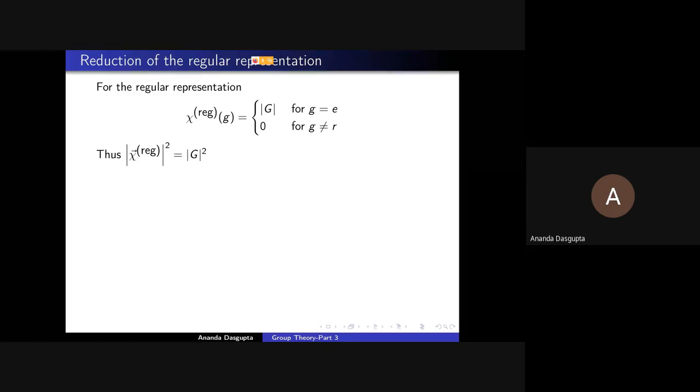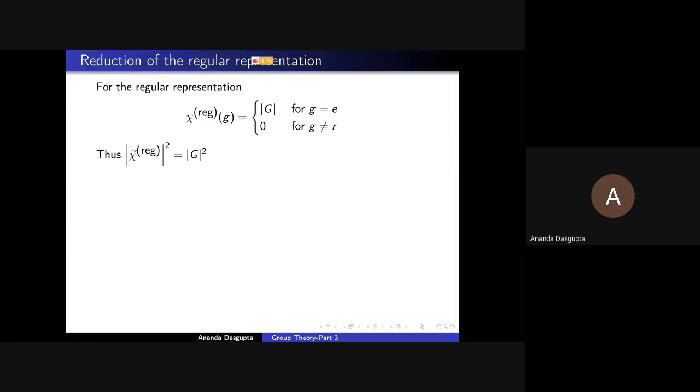Now, this means if you take the chi regular vector and just take its mod square, that is, you take its dot product with itself, you have to add up chi regular G with chi regular G star for all group elements. So if you do that, you of course get only one term, that is for G equal to E. For everything else, you get 0, and you get mod G square. But is mod G square equal to mod G?